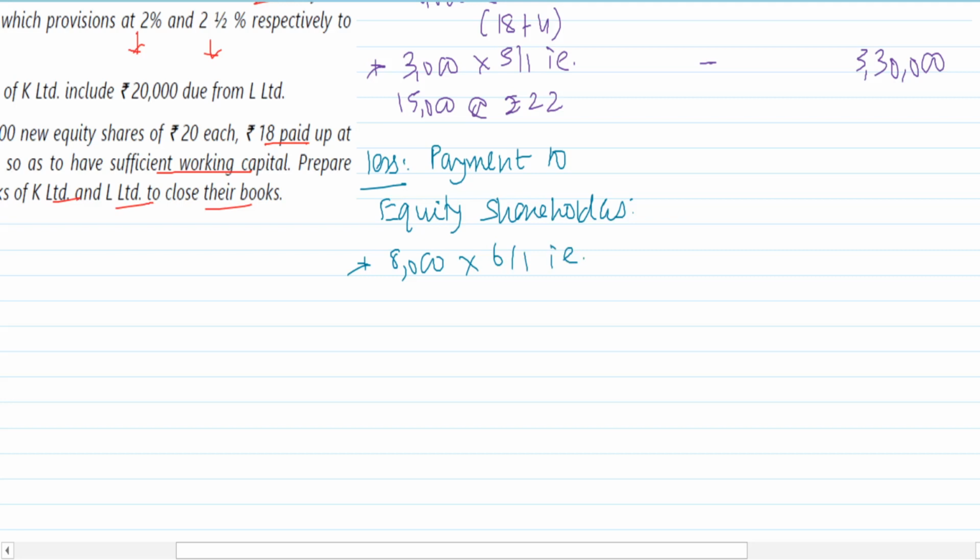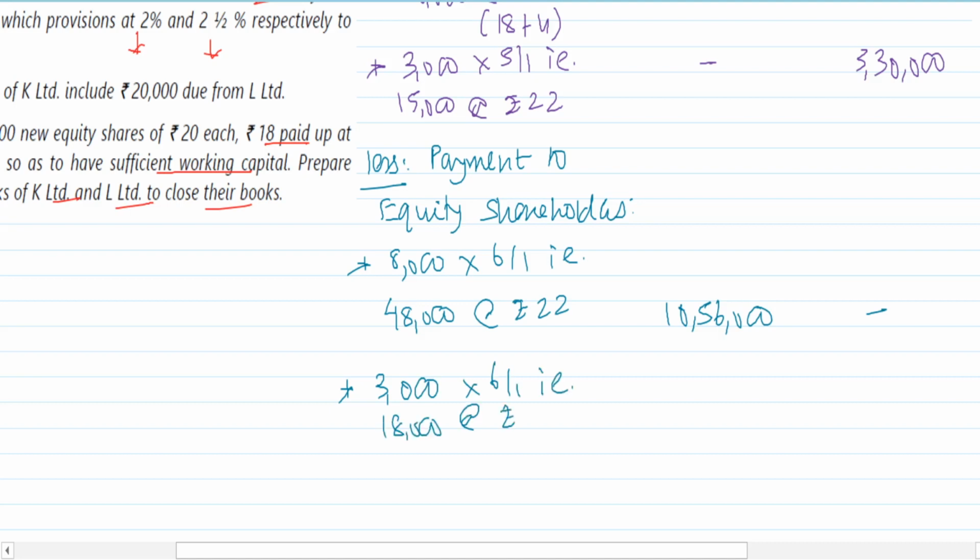That's the share exchange ratio. I'll give them 48,000 shares at 22. That is 10 lakh 56,000. The other company has 3,000 equity shares into 6/1. So 18,000 shares will be issued at 22. That is turning out to be 3,96,000.